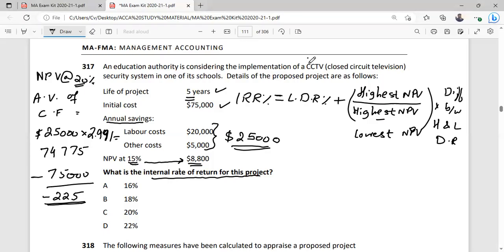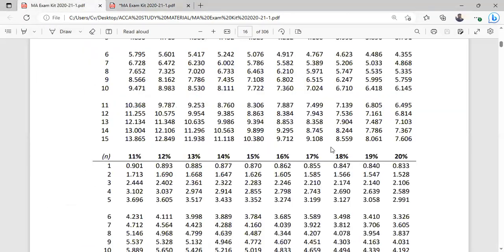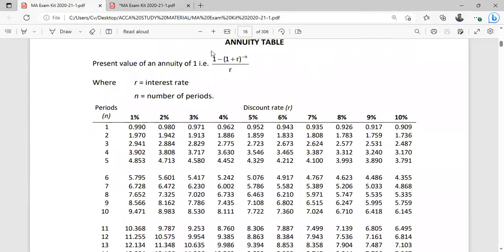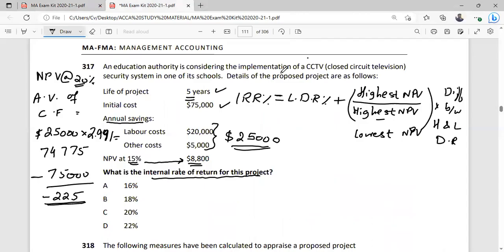I can choose 22%, but in my provided table, I don't have an annuity factor or present value factor for 22%. Then I need to calculate my annuity factor for 22% with this formula. So I don't need to do this. I have the 20% table. I will prefer to use my annuity factor and present value factor for 20% rather than choose 22%.